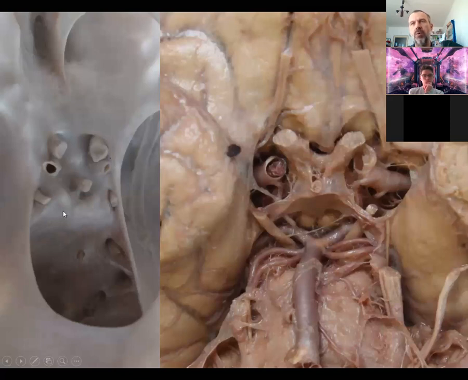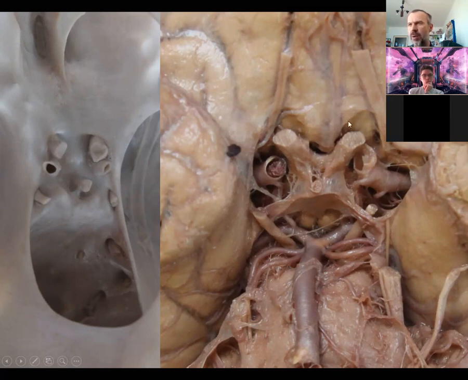So this is a view of the internal skull base without the brain. This is the tentorial notch for the brainstem, the infundibulum of the hypophysis, of the pituitary gland. This is the carotid artery, optic nerve. This is the oculomotor nerve, and the ophthalmic artery is lying below the nerve. Yeah?